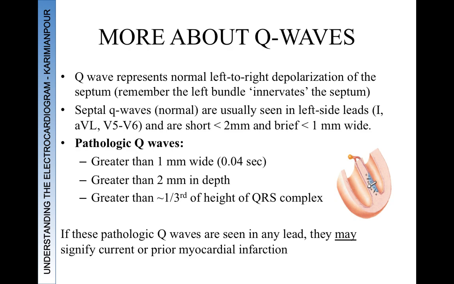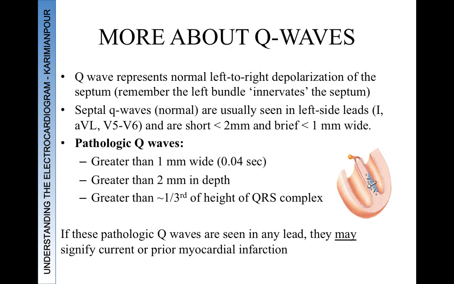They're seen in the left-sided leads, as I mentioned previously: I, aVL, V4, 5, and 6. If you see a small, tiny q wave, this is normal. They're typically less than 2 millimeters in depth, and also less than 1 millimeter in width, or time. Pathologic Q waves, large capitalized Q waves, are greater than 1 millimeter in width, greater than 0.04 seconds, or greater than 2 millimeters in depth, or greater than 1/3 of the height of the QRS complex that they're attached to.